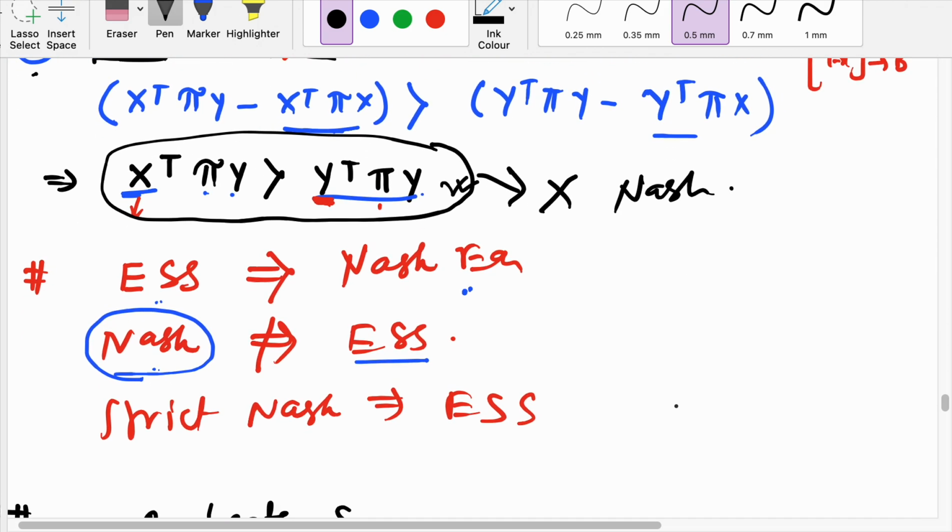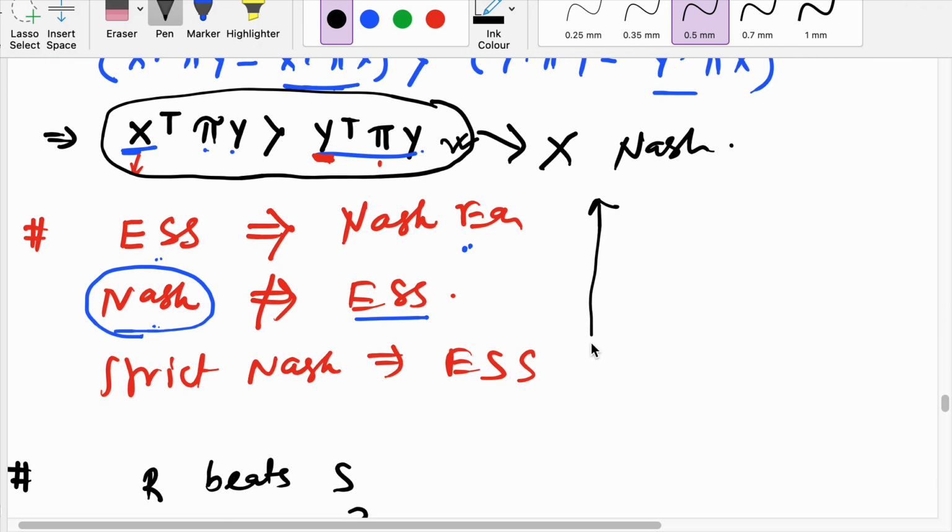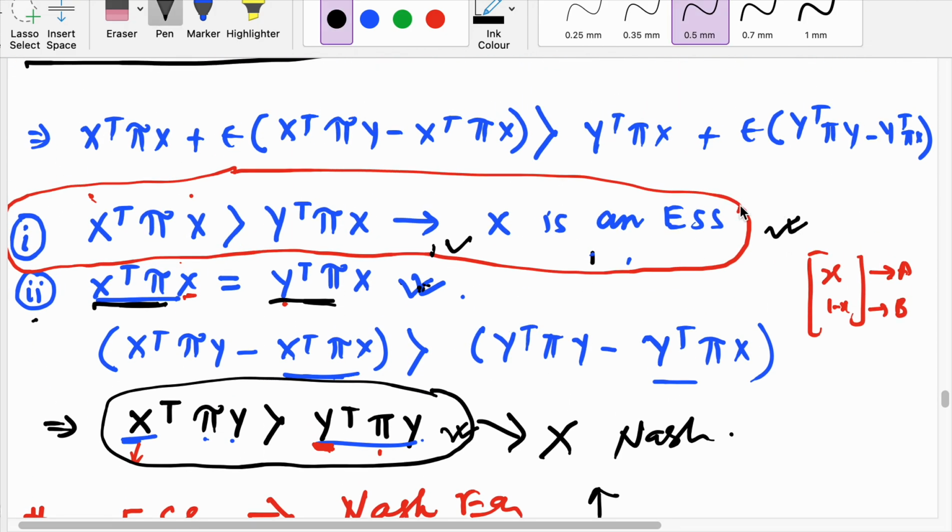So this is our conclusion here. And one more thing: strictness means only this condition is satisfied, and if some strategy is strict Nash, then it will automatically become an ESS for the population. Here ESS means evolutionarily stable strategy.